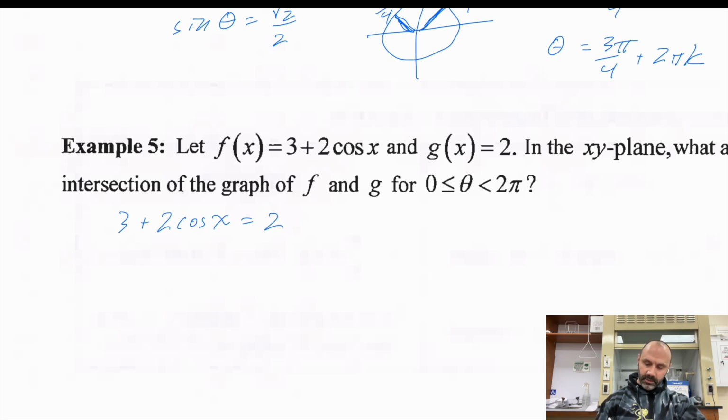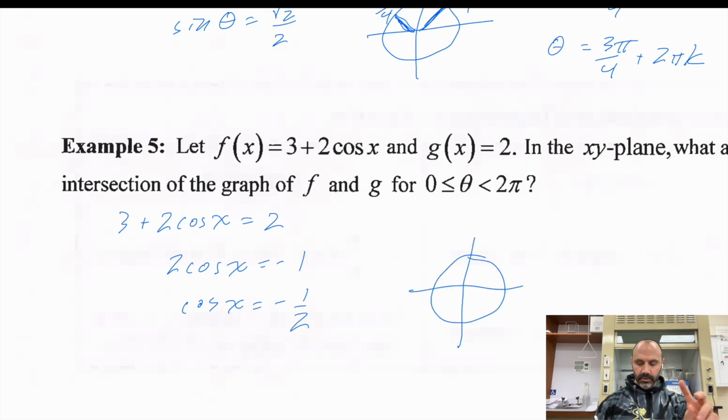So I'm looking for these places. So 2 cosine of x, I'm going to subtract 3 from both sides. So 2 minus 3 is -1. So cosine of x equals -1/2. So negative value for x, and it's the smaller value of x. So that's going to be, I think, the 120 degree.